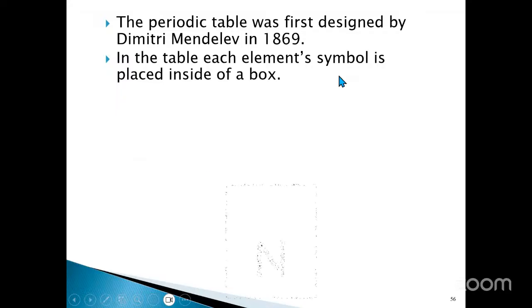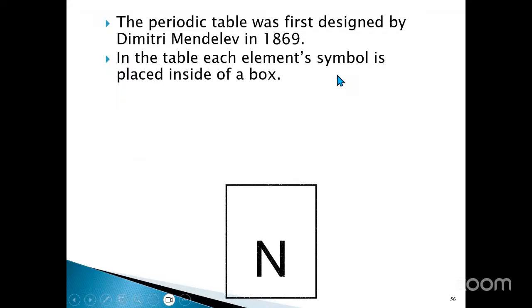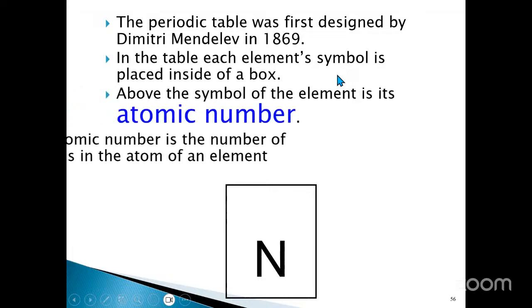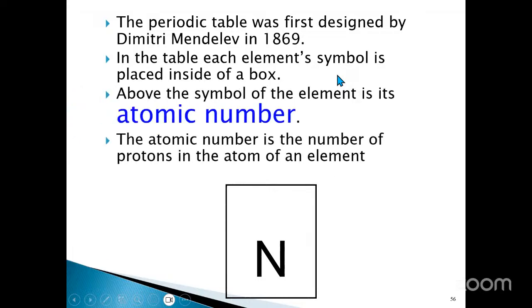And one account I've read about how he came up with his version of the periodic table was that he was writing a textbook at the time concerning the different elements that were known at that time. He basically arranged the elements in order of their atomic masses, right?